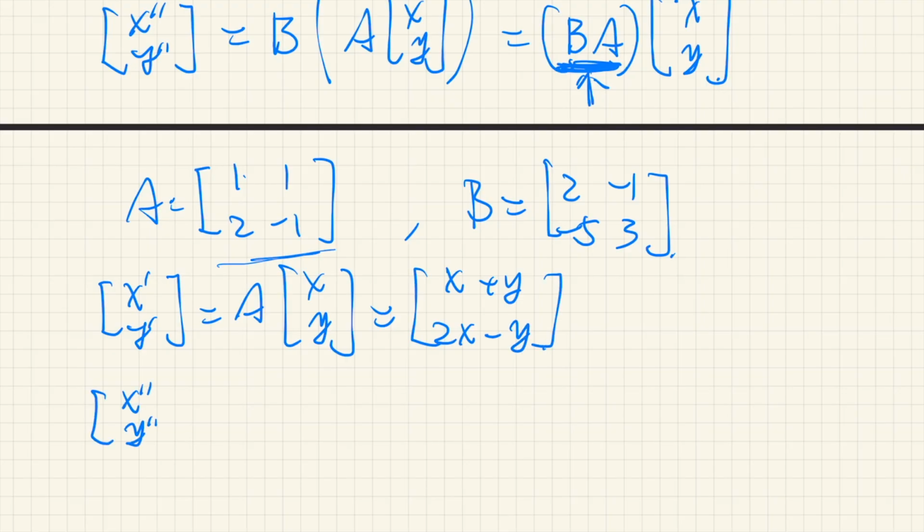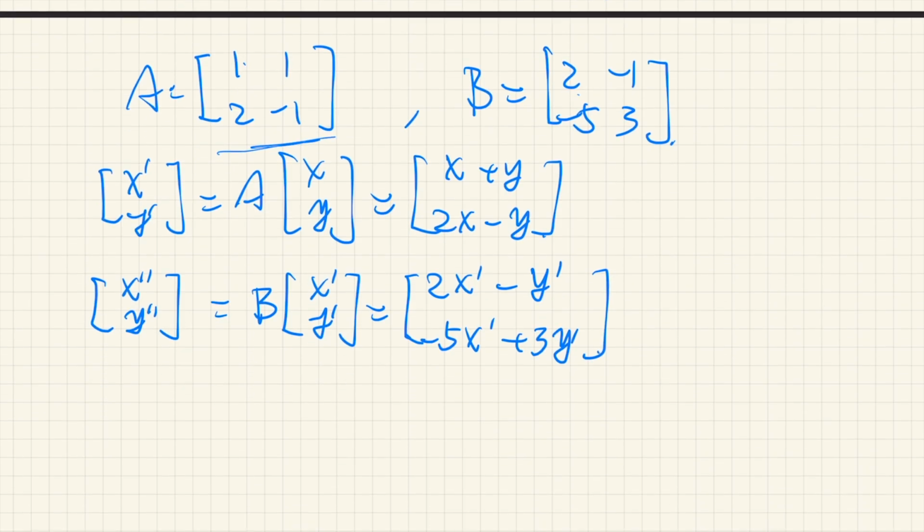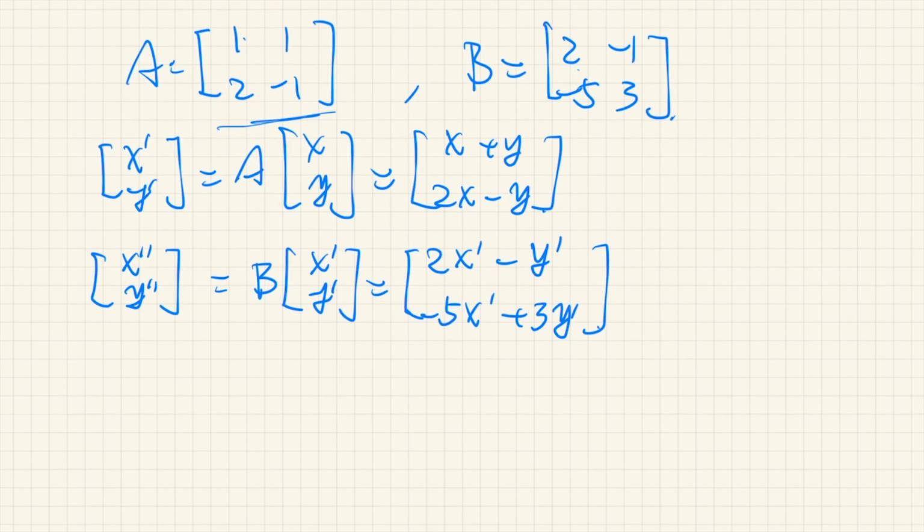And (x double prime, y double prime) is B times (x prime, y prime), which is, let's see, 2x prime minus y prime and minus 5x prime plus 3y prime. So let's put these x prime and y prime into this expression.